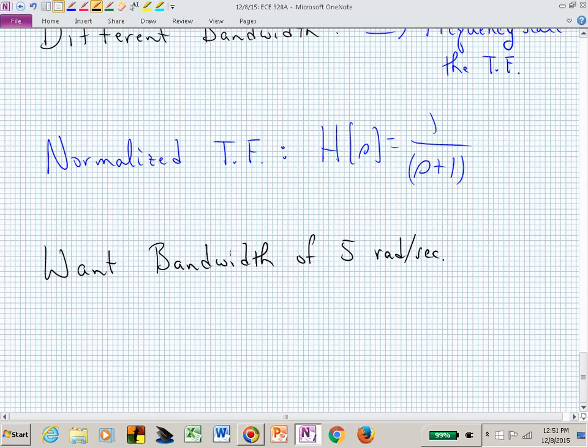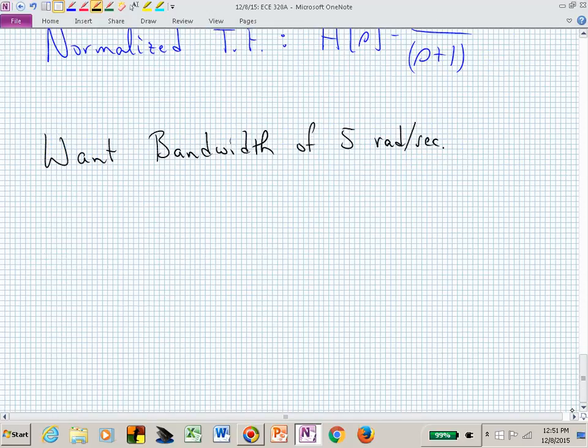We can specify it, but we have to be consistent when we do these changes. We now are saying that we want s new to be 5 radians per second, whereas in the normalized transfer function, which I'm calling s old, that's 1 radian per second.